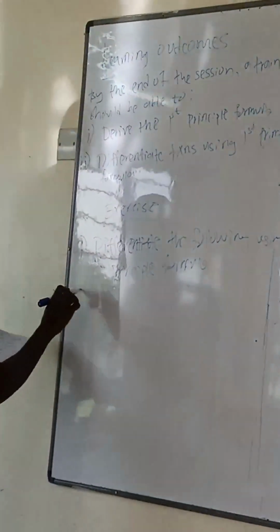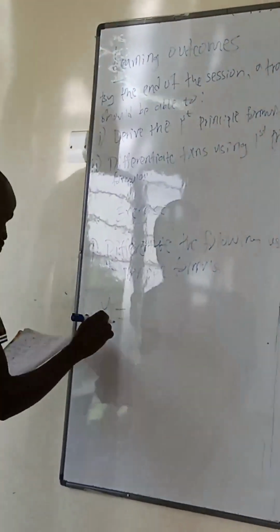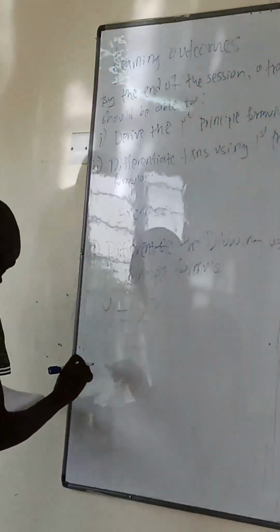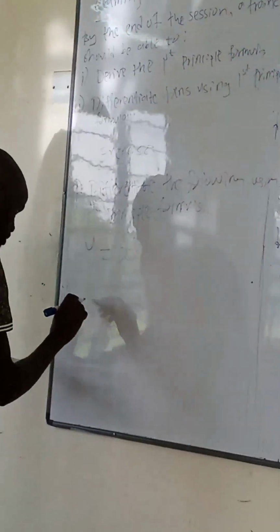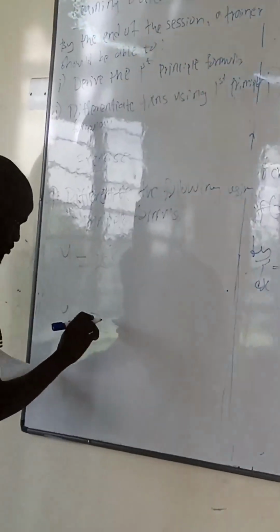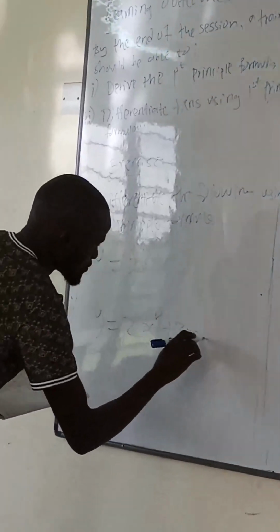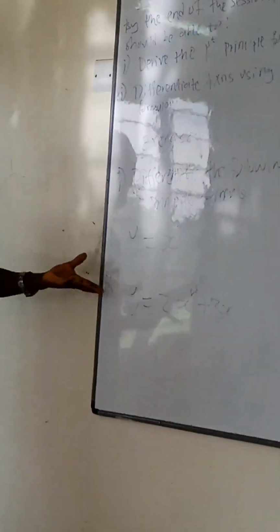Number A1, y is equal to x squared, and also write this one: y is equal to 2x power 4 plus 3x. Are we together here? Yes. Go try this one in your groups.